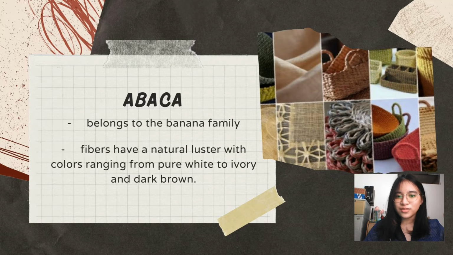Abaca, also called Manila hemp, is extracted from the leaf sheath around the trunk of the abaca plant, which is a close relative of the banana. Its fiber has a natural luster with colors ranging from pure white to ivory and dark brown. The fiber of abaca is used in creating handicraft products such as handbags, furniture, hats, and many more.